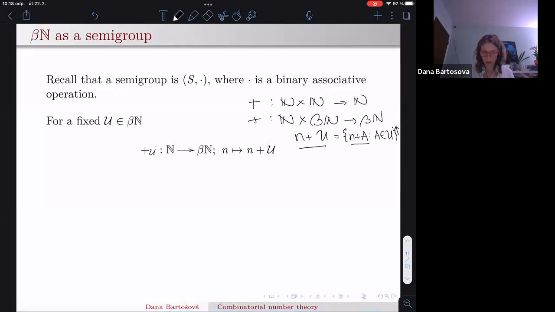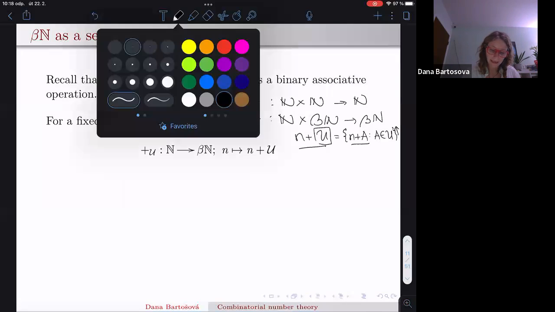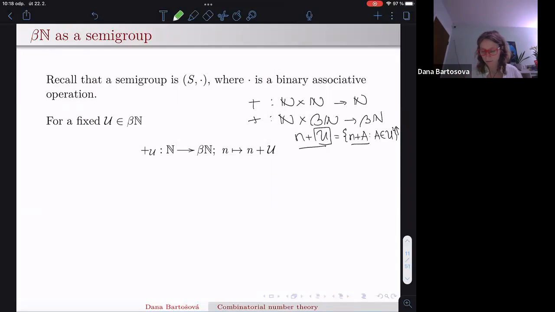What is going to be new is to try to say what the sum of two ultrafilters would be. So for that, we are going to fix this ultrafilter on the right-hand side. And now we are going to consider this function where we are in the second coordinate adding by this ultrafilter u. So that's going to be a function from n here into beta n. So this is this function here.